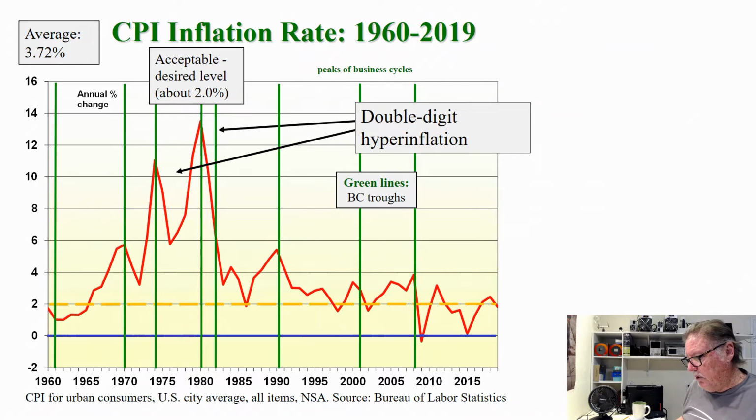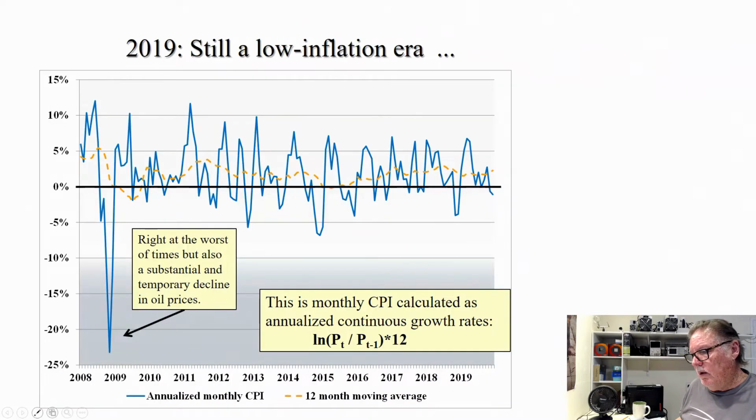And when we take a look at 2019 and 2020, this is 2008, and this is monthly CPI calculated as annual continuous growth rate, where I make the calculation using the log growth rate. When you take a look at it month by month, you can see that it varies in the monthly annualized numbers.